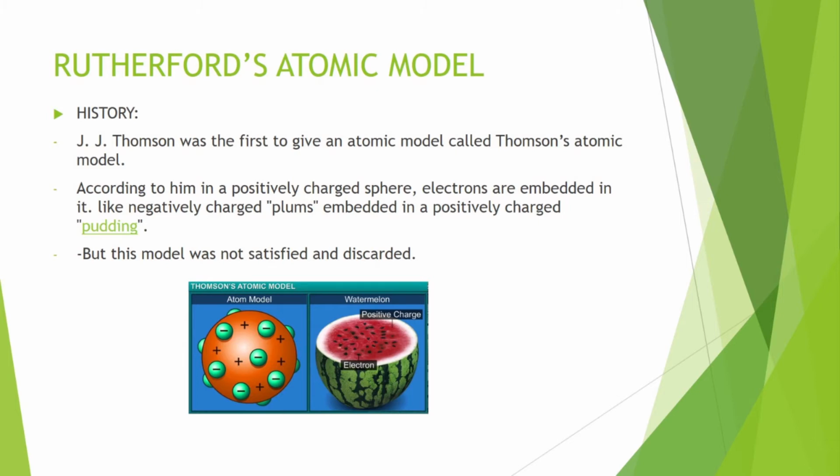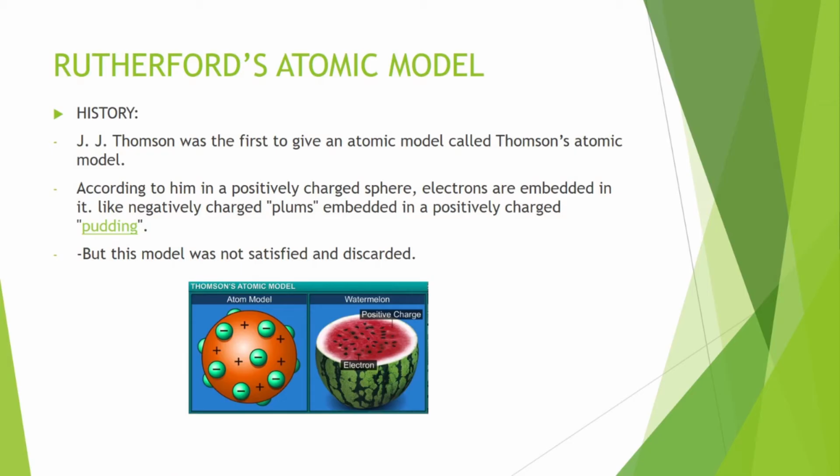According to J.J. Thomson, atom is a positively charged sphere in which electrons are embedded, that is studded in it, like negatively charged plums embedded in a positively charged pudding.